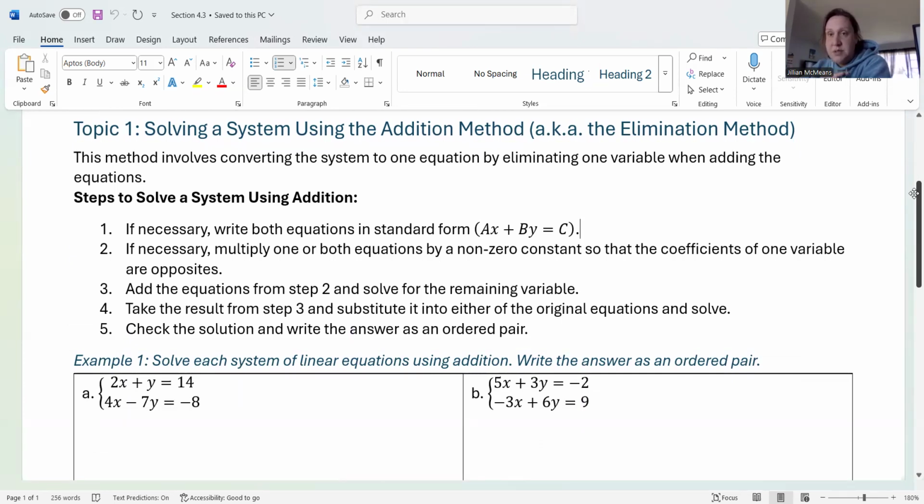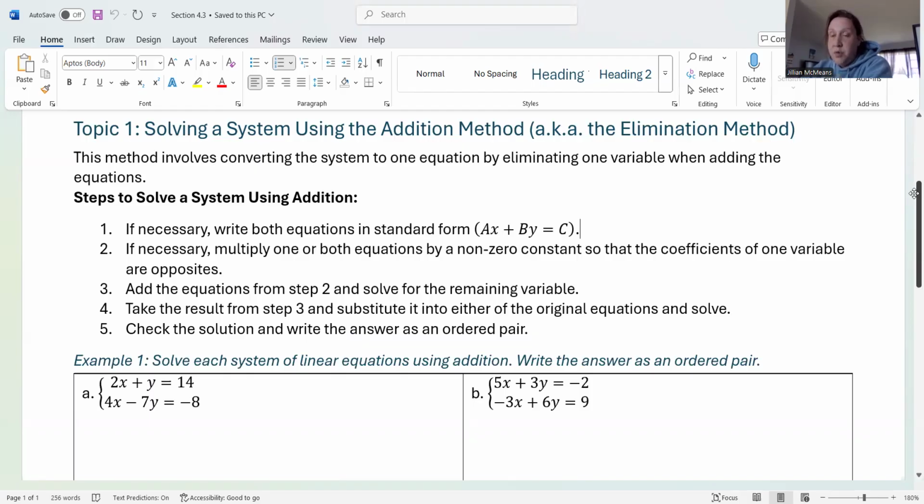Okay, so here are the steps. Now, sometimes the steps don't make sense till you see it happen, so just bear with me. If necessary, write both equations in standard form. And please remember that is ax plus by equals c.